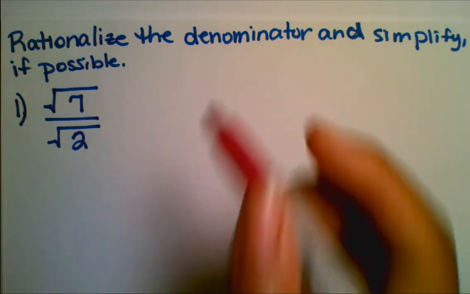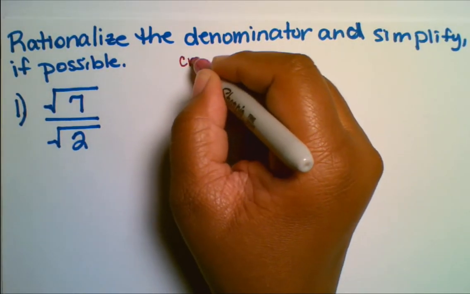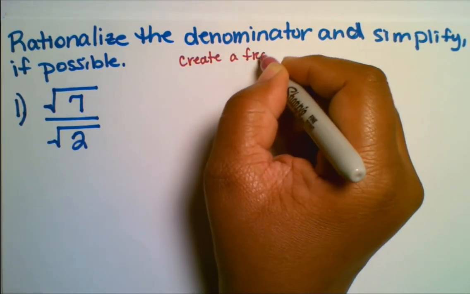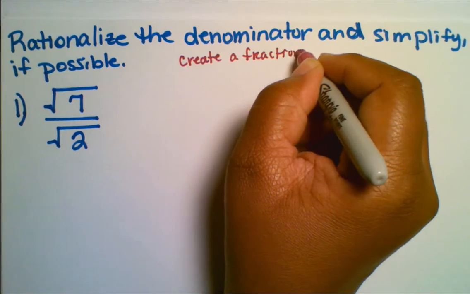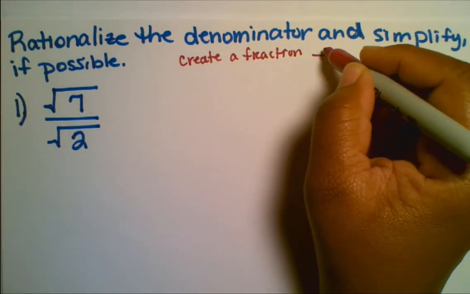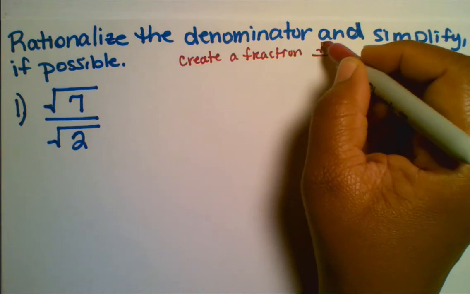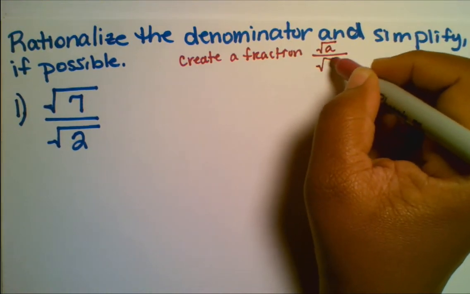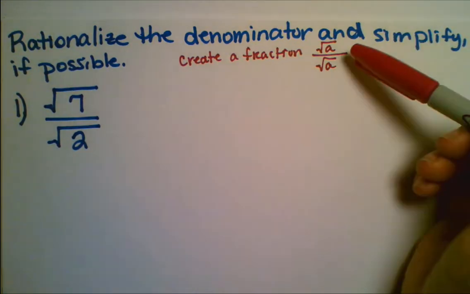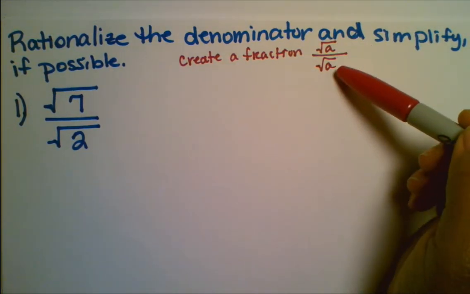Now, to rationalize, what we're going to do is create a fraction. Notice that I have the square root of a over the square root of a, so the radicals are the same.